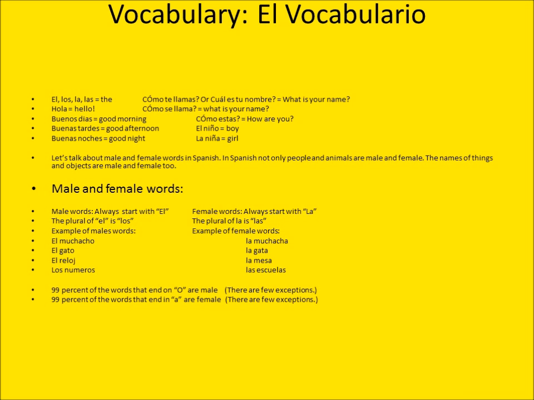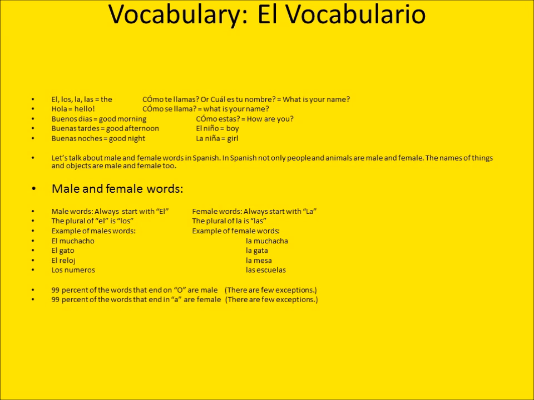In Spanish, even the objects like table, window, clock, watch, car, they have gender. So you have to choose. It's either male or female. In English, it's not like that. In English, the objects are neutral. We say it. But in Spanish, it has to be either male or female.